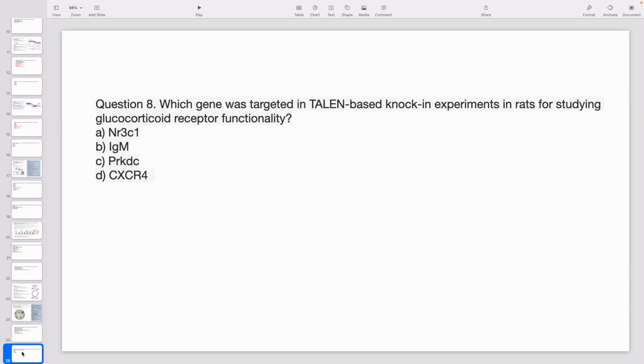Question number 8 states: which gene was targeted in TALEN-based knock-in experiments in rats for studying glucocorticoid receptor functionality?